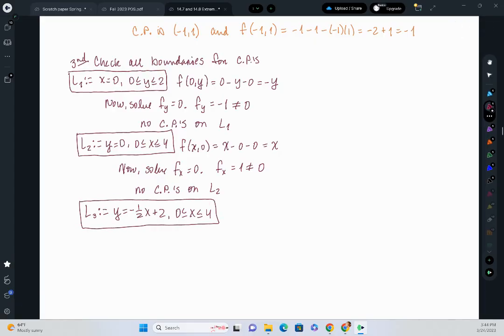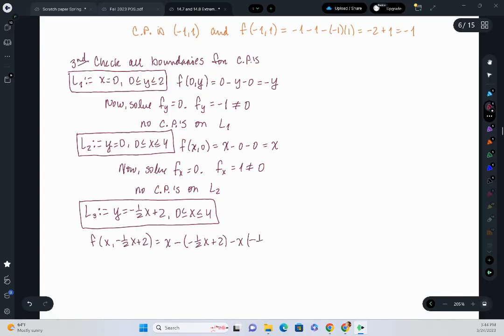Now here I'm going to be looking at f of (x, -1/2 x plus 2). Everywhere there's a y, I'm going to replace it by -1/2 x plus 2. Our function was x minus y minus xy, so I'll have x minus (-1/2 x plus 2), and then minus x times (-1/2 x plus 2).